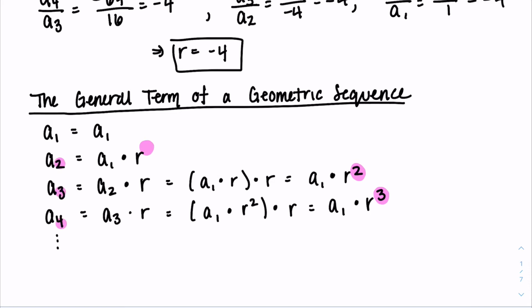So the general term an is going to equal a1 times r to the n minus 1. And this holds for any term, because if you plug in n equals 1, you would get r to the 0 and just get a1. So this is our explicit formula.